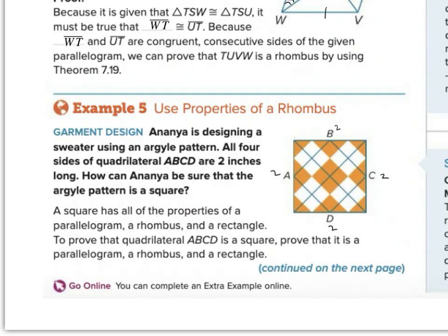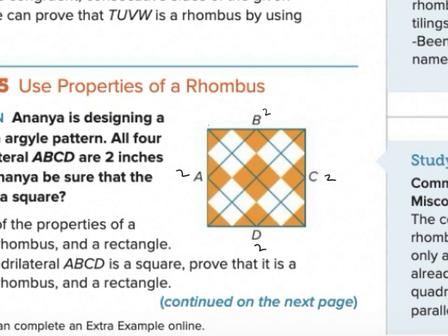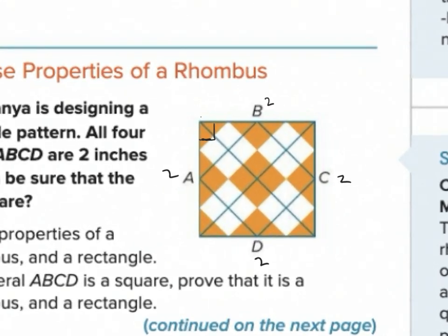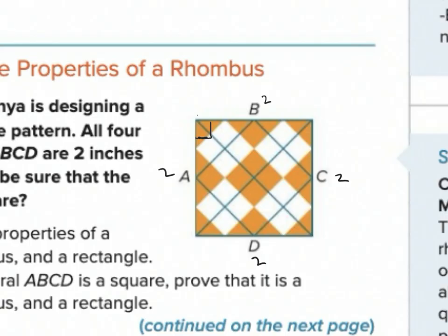Well, in order to be a square, I've met the rhombus requirement, but remember, for a square we needed to have 90 degrees. So if we have a rhombus that has corners, or opposite corners, that are 90 degrees, then we would end up with a square, because that was one of the given requirements.